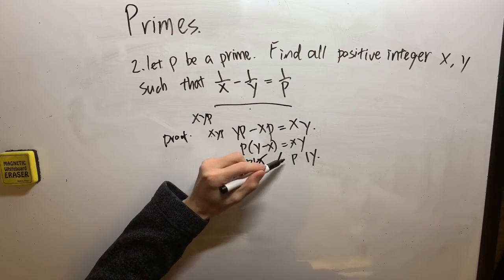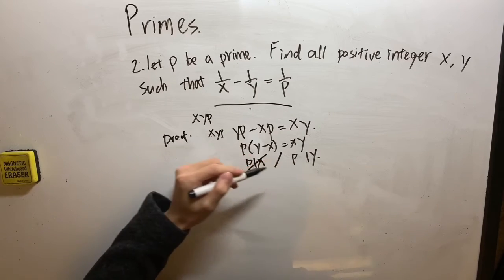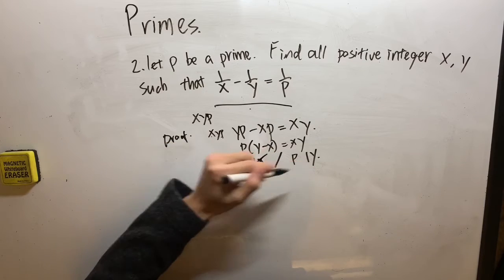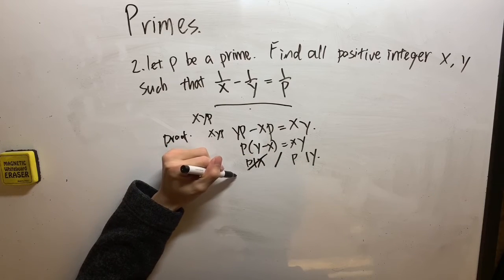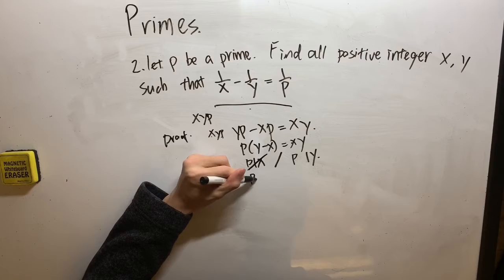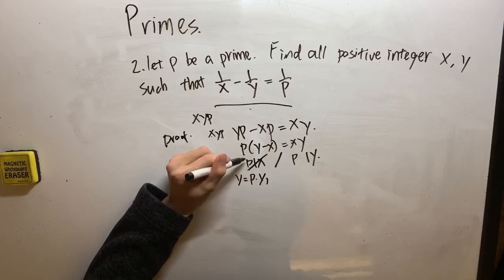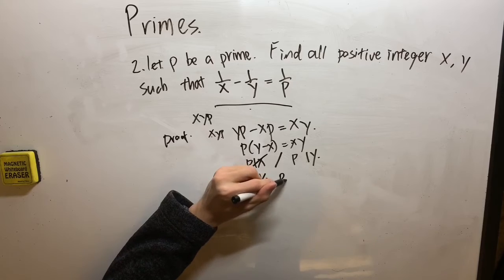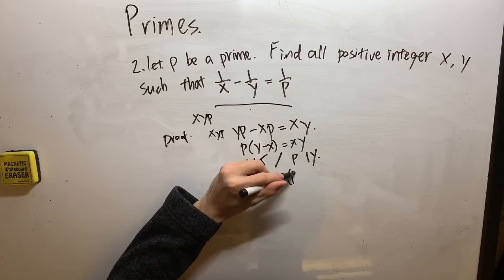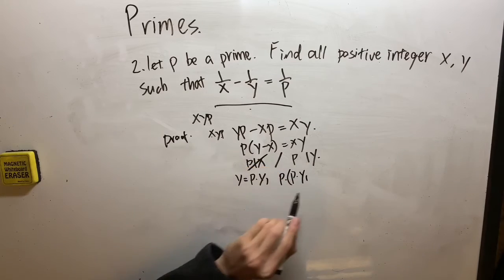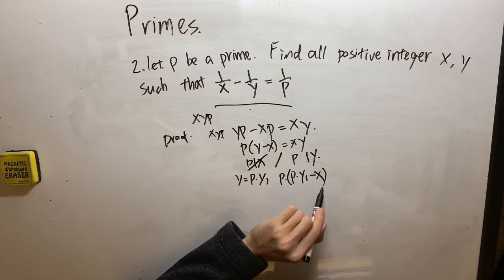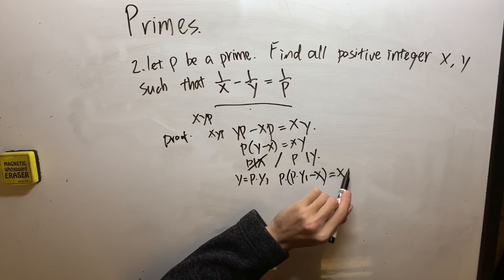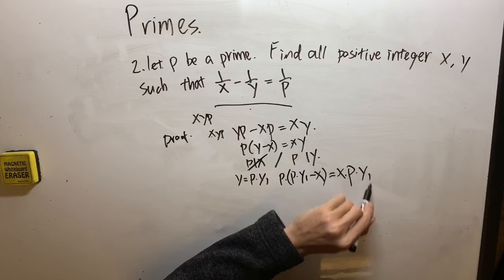Now let's move on to p divides y. If p divides y, let y equal p times y1, and let's see this equation. So p times y1 minus x equals x times p times y1.